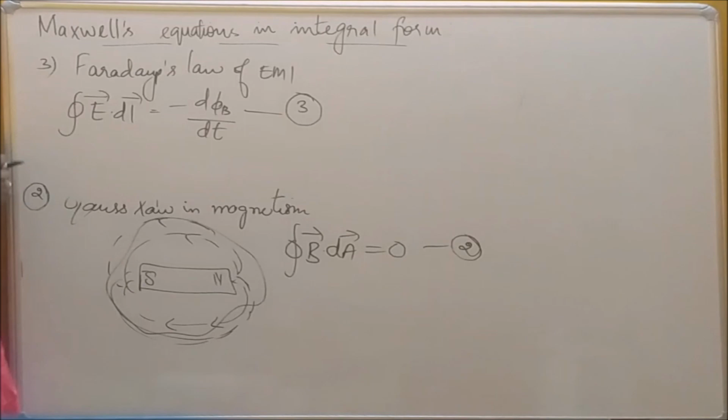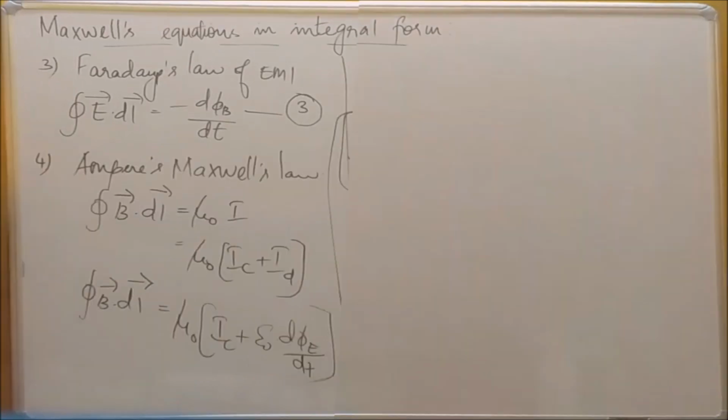The fourth equation is the modified Ampere's law, which we also learned in the last class. We can name it Ampere-Maxwell law. That is the integral of B vector dot dl vector is equal to mu naught into I. This I is the total current, which is the sum of the conduction current and the displacement current.